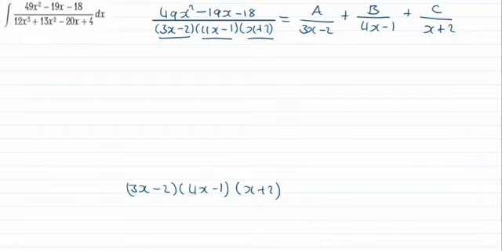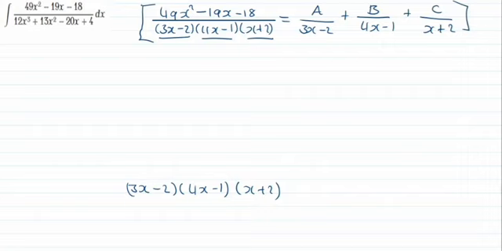So after this, we are going to find the values of A, B, and C, then we put them back, meaning that it's going to be our decomposed partial fraction. So to do that, we are going to multiply everything here that we have by our denominator.